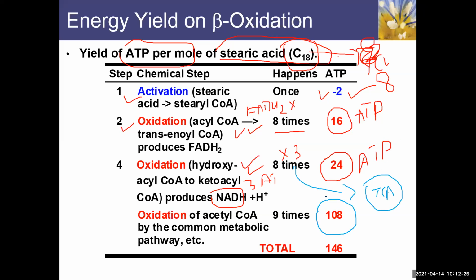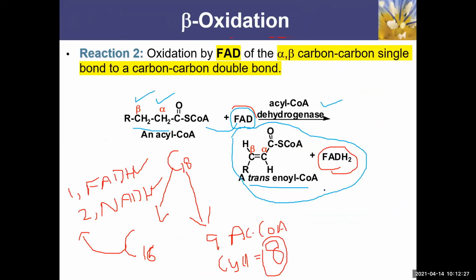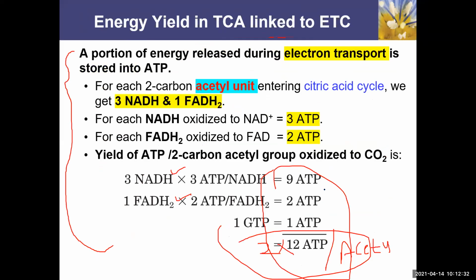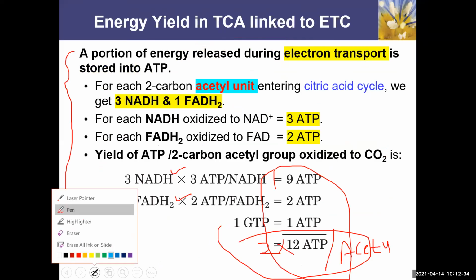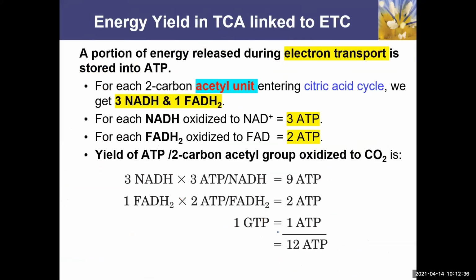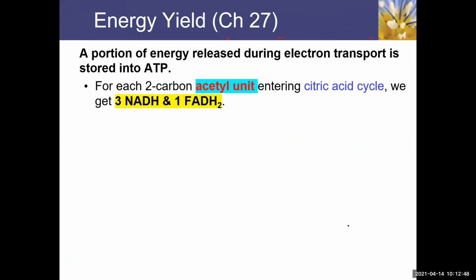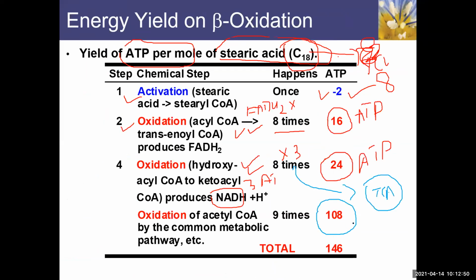It produces 12 ATPs per acetyl CoA. This is from the last chapter. So obviously, if I have nine acetyl CoA, 12 multiplied by 9 is 108. Did you understand how we got this 108?